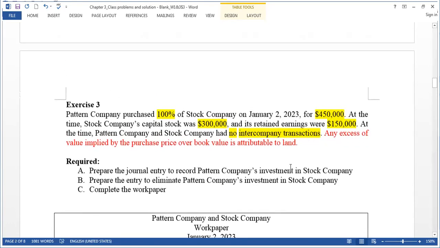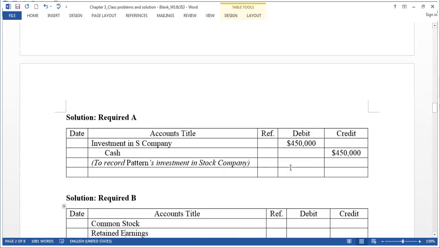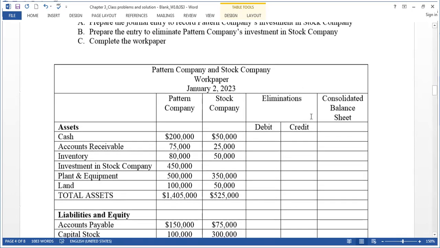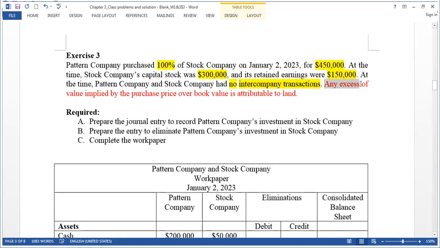It is 300 and 150. So here we don't have any difference. As we don't have any difference, these sentences are meaningless. Any difference is going to be allocated to the land. So this is nothing important for this question.